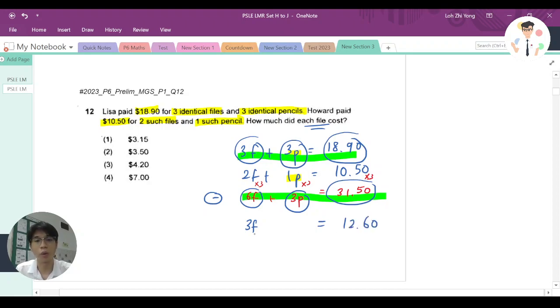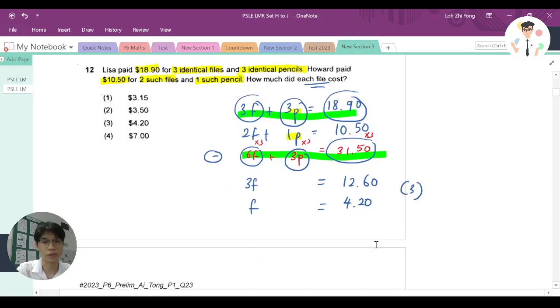Then now I divide. 1 file is equal to what? $12.60 divided by 3, and that is $4.20, which is option number 3. Okay, and we are done with this, and let's move on to our next question here.